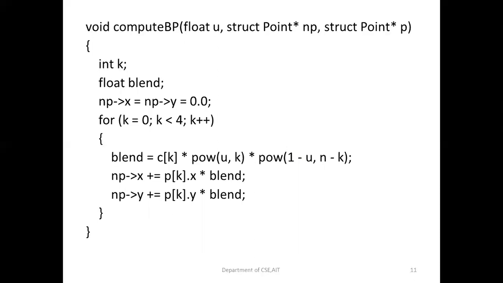So by making use of the 4 control points, that means P of 0, P of 1, P of 2 and P of 3, we are going to calculate the blending values. The loop here is taken up till 4 because we are having 4 control points. That means P of k will be varying from P of 0, P of 1, P of 2 and P of 3.